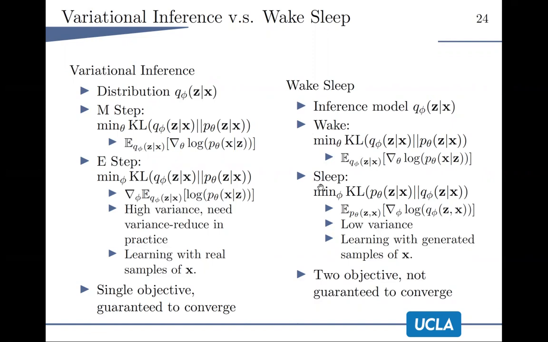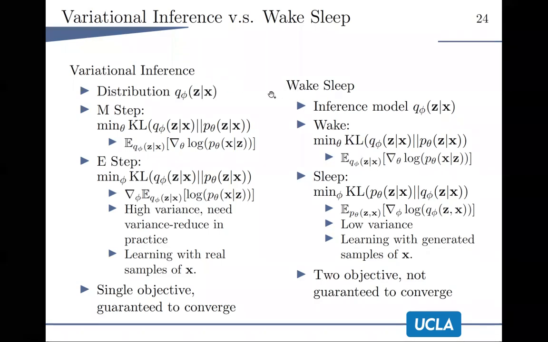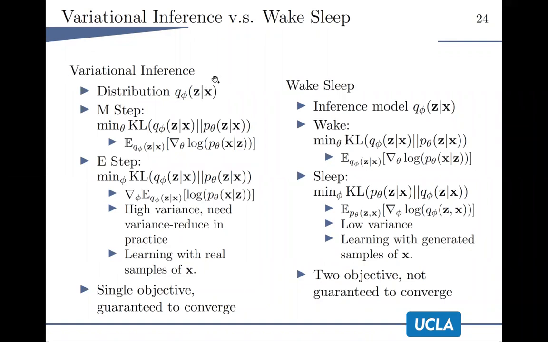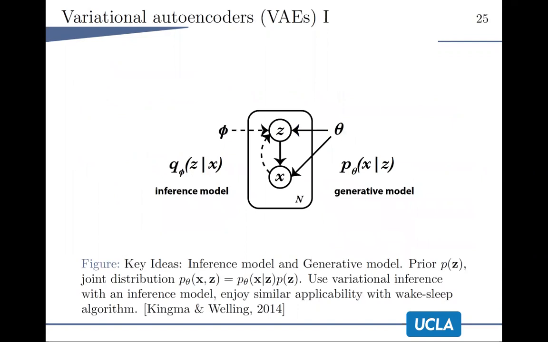What we've just done is to correlate the wake-sleep algorithm to variational inference. And now we can go into some modern deep generative model examples.